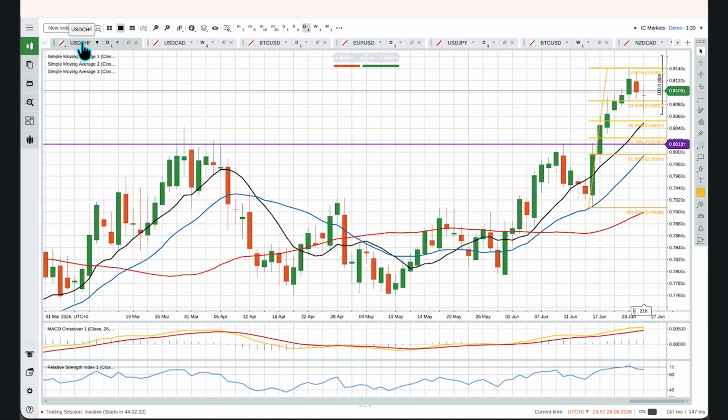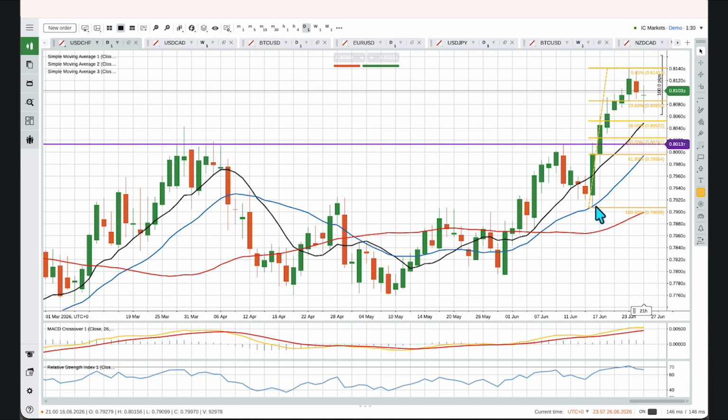Let's start here with the daily chart, and the level that I'm looking at is in and around the 0.80. Once again, a round number, and we can also see a previous swing high and a level of support and resistance. We had a couple of touches at this level in the past.